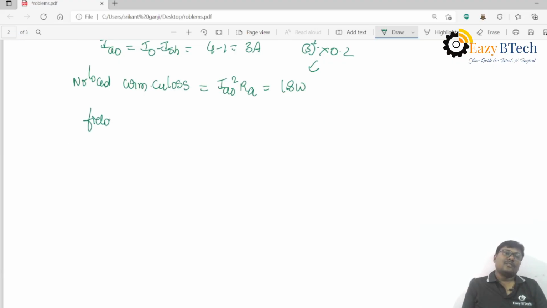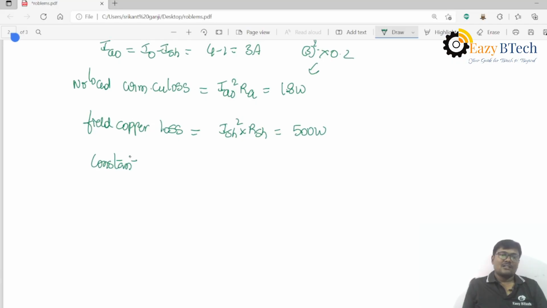After that you should find out the field copper loss. This is one of the constant losses. ISH square into RSH, that should be equal to 500 watts. Then you can find out the constant losses.